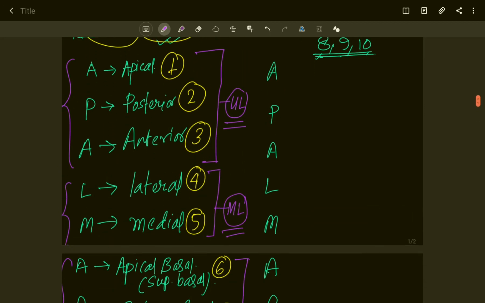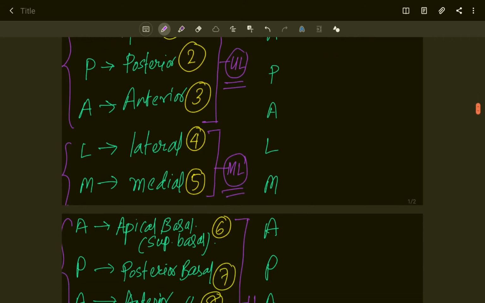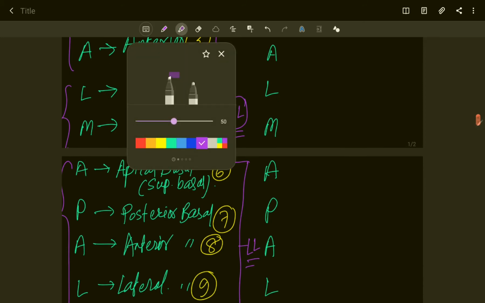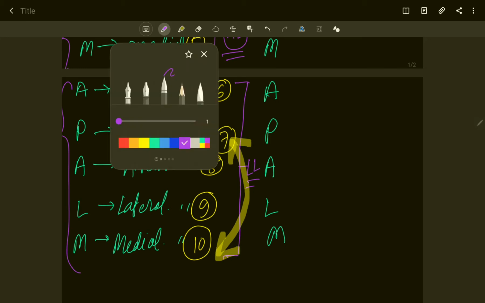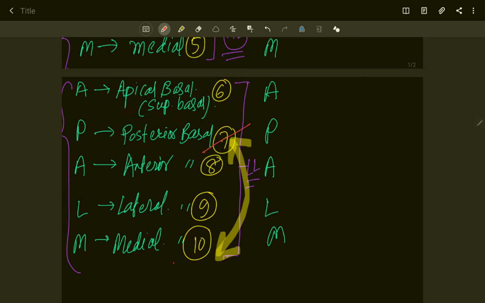Just one catch, or one trick, is here. Just interchange the number 7 with 10. So I am cutting this 7 here and 10. Now I am numbering posterior basal as 10 and medial basal as number 7.